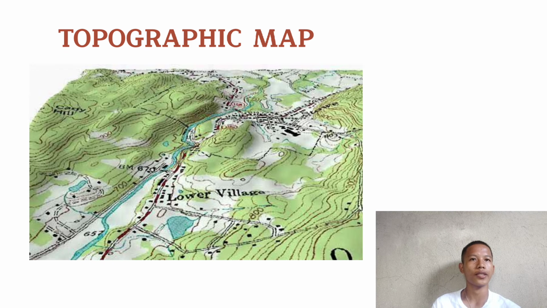The example shown here is a topographic map that graphically represents the natural and man-made features of the Earth's surface. I learned that this is a very important navigational tool because it can be used to determine where the landscape is flat and where it is dominated by mountains.